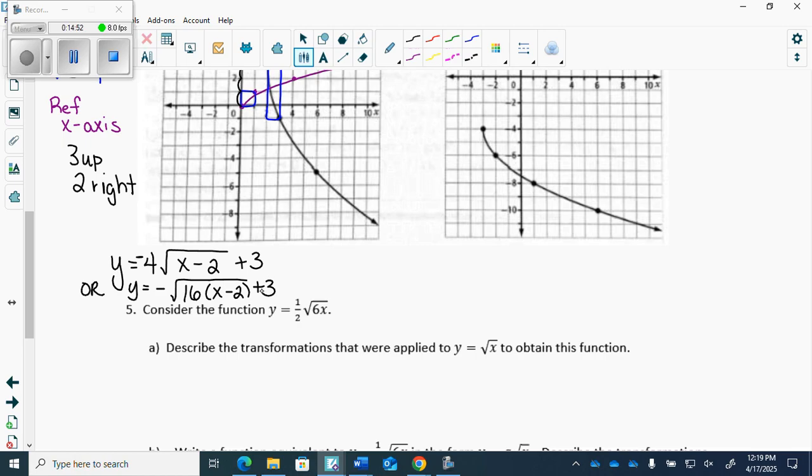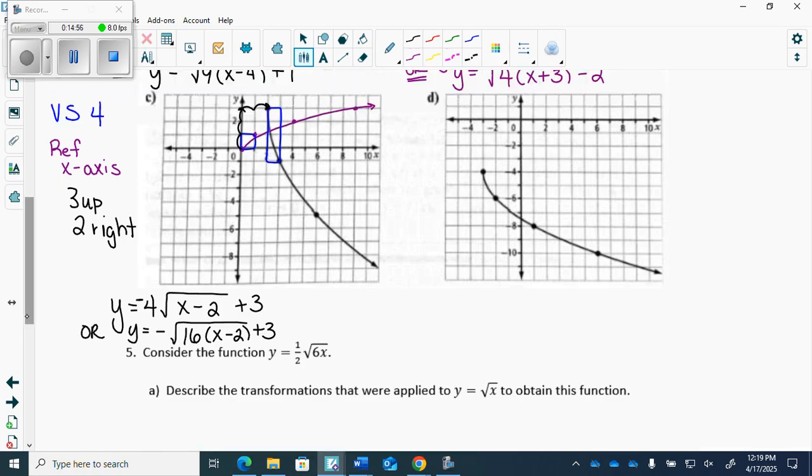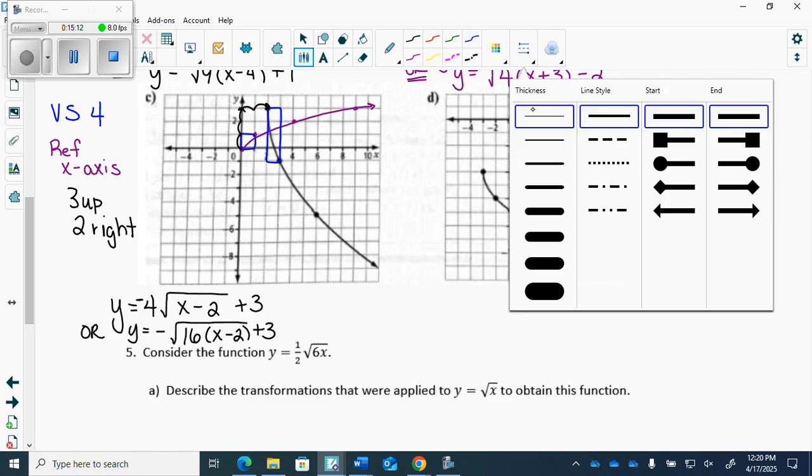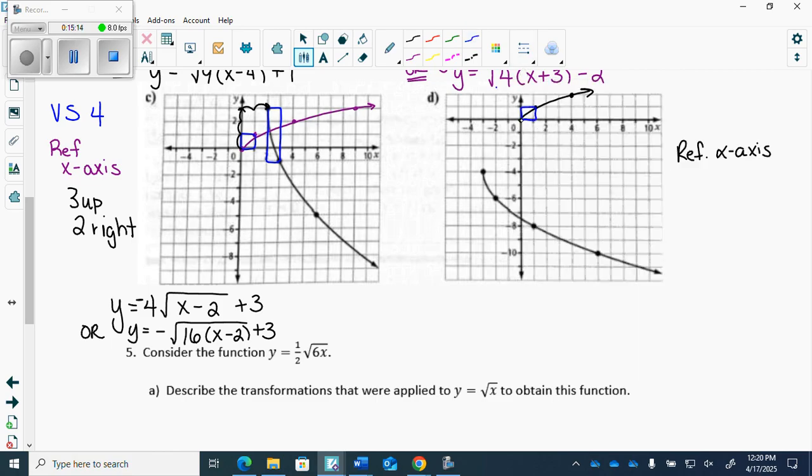Yeah? Okay, and this one is down and to the right as well. Normally it goes up here, but it's down and to the right. So we know that there's a reflection in the x-axis. Stretching: 1, 1. This one is 1, 2. So it's a vertical stretch by 2.